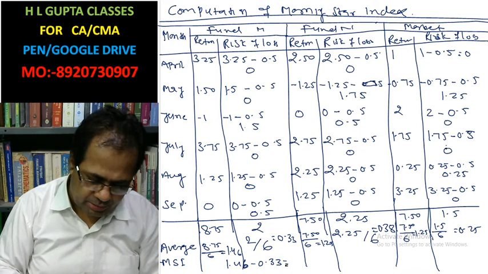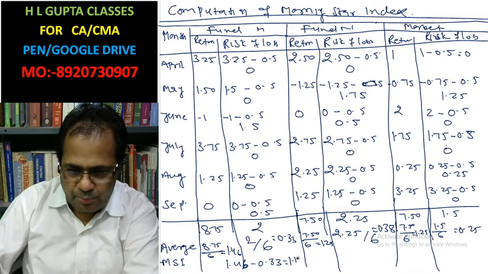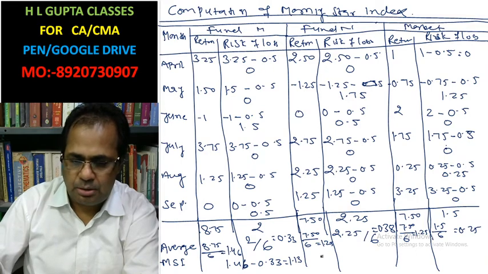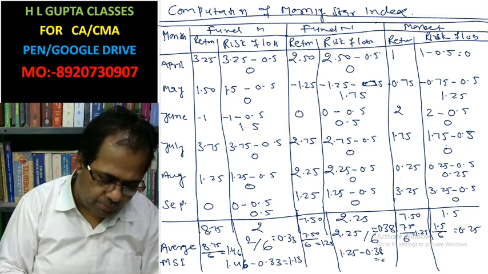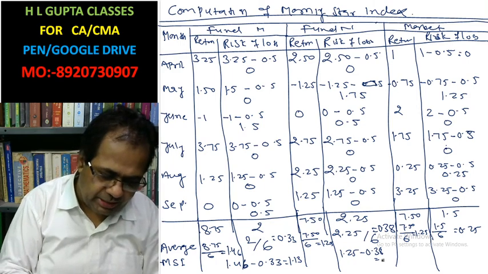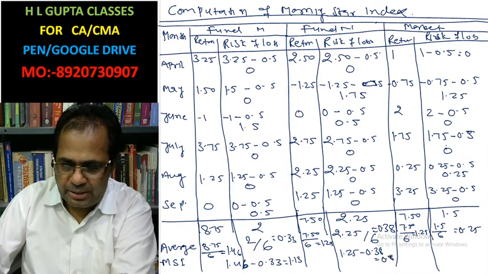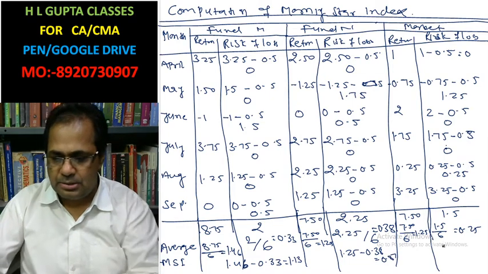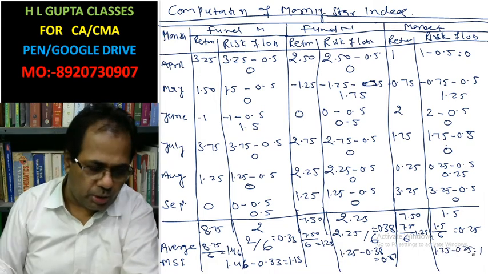Then 1.25 minus 0.38, this is 0.87. In this case, 1.25 minus 0.25 equals 1.